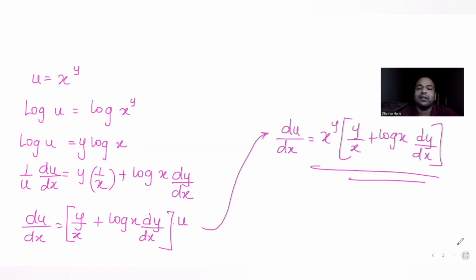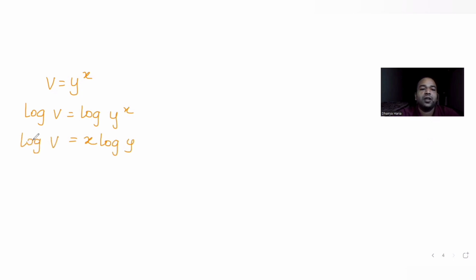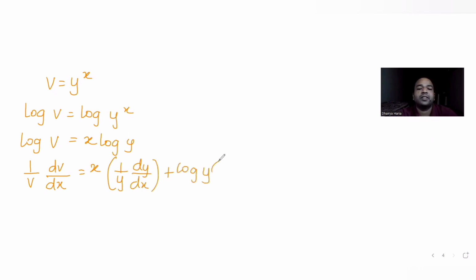Now let's also find dv by dx. We have v as y raised to x. Again, if I take log on both sides, I get log v is log y raised to x. Taking x ahead, you get x log y, equal to log v. If I differentiate again with respect to x, I get 1 by v dv by dx equal to x times the derivative of log y, that is 1 by y dy by dx, plus log y into the derivative of x, that is 1.